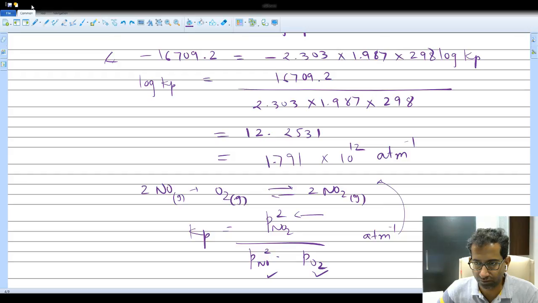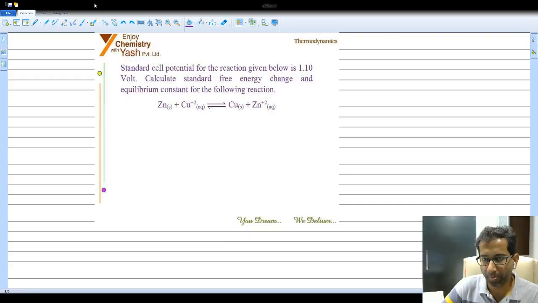Okay. Next question. Standard cell potential for the reaction given below is 1.10 volt.